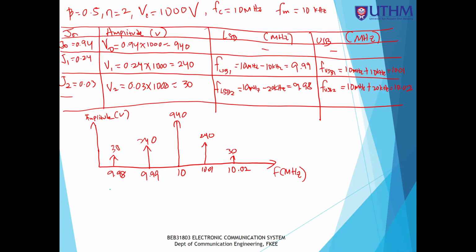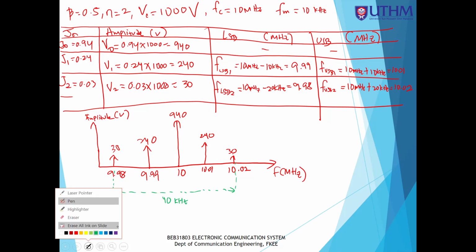If you see from here, this bandwidth is actually 40 kilohertz. The total bandwidth from this amplitude spectrum is 40.